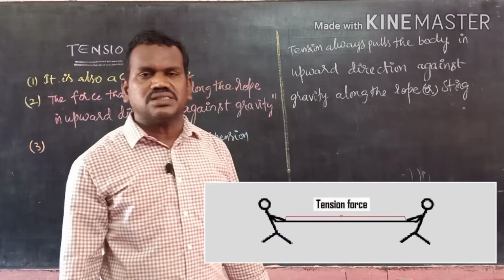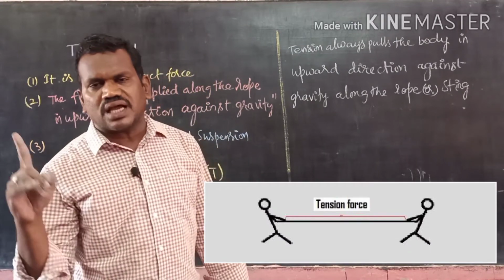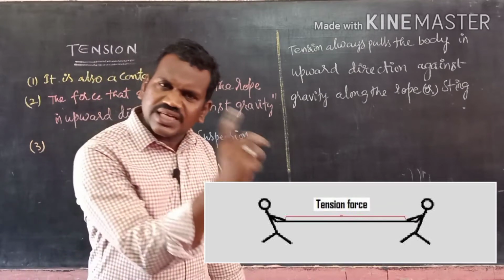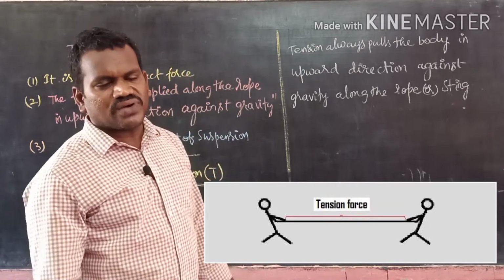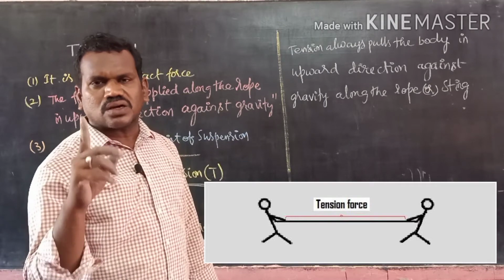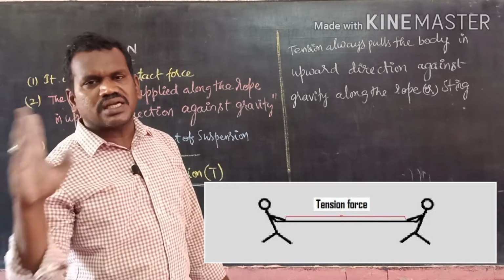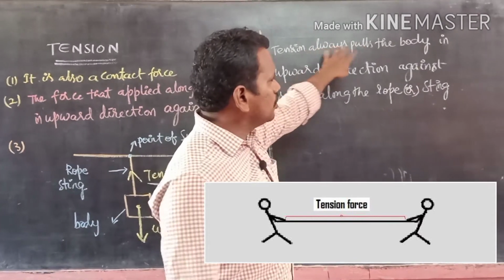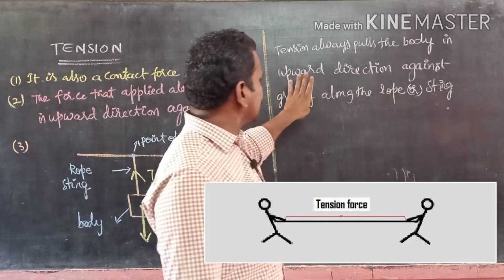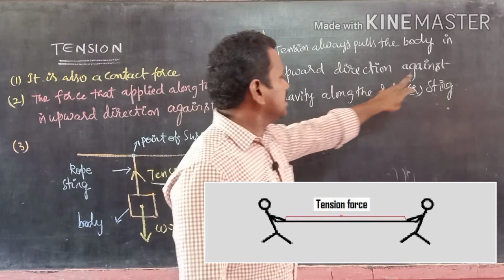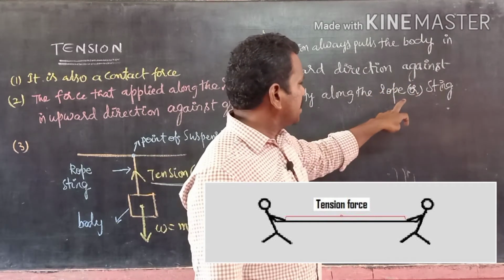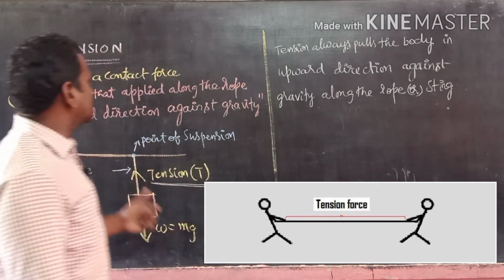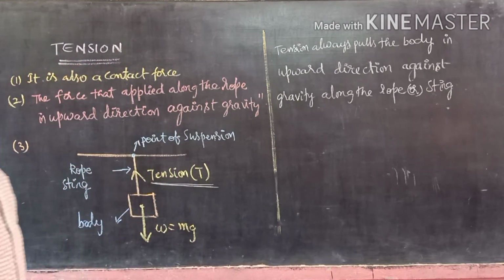For that reason, we can say all contact forces are directional forces, because we should say the directions clearly. This tension always pulls the body in the upward direction against gravity, along the rope or string. Such forces are nothing but tensional forces.